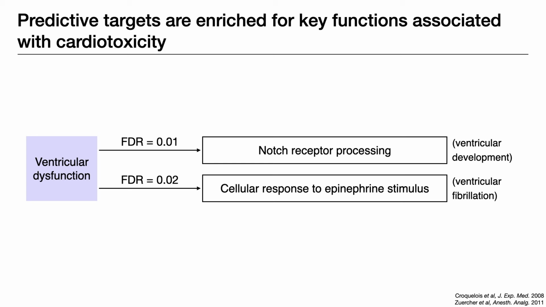And we were able to recapture some key toxicity-related functions. For instance, we found that targets predictive of ventricular dysfunction are enriched for Notch signaling pathway, which is required for ventricular development. They are also enriched for cellular response to epinephrine, which is often used in the treatment of ventricular fibrillation.